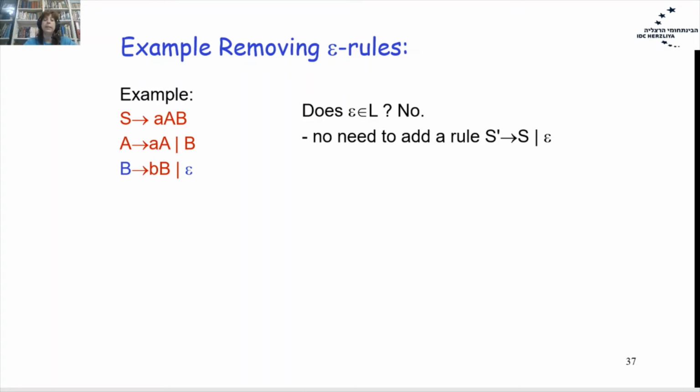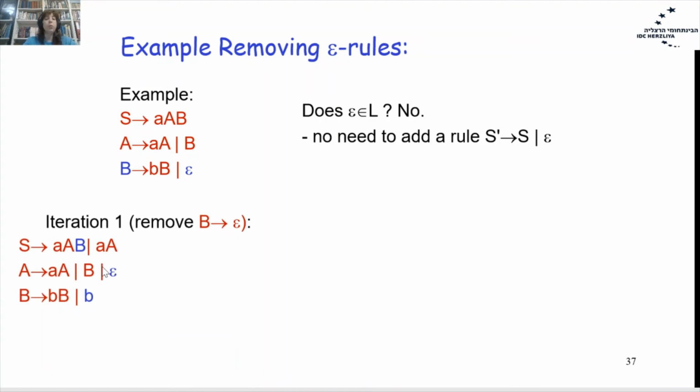Since S, the starting symbol, derives A and some variables, but we definitely have a terminal symbol a, we know that an empty word does not belong to the language. Therefore, we do not need to add the rule S' derives S or epsilon. Now we continue.